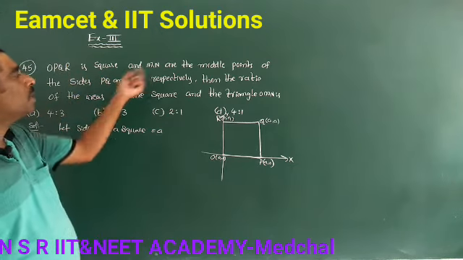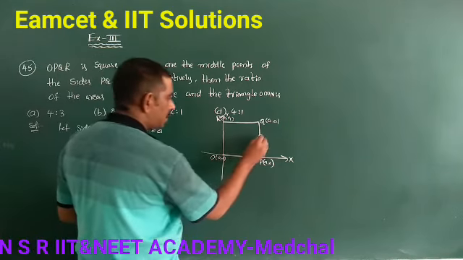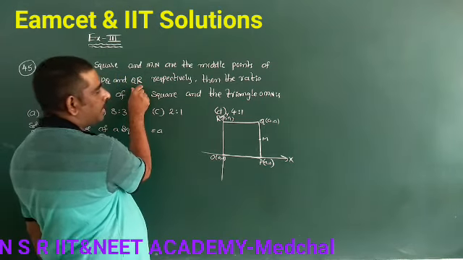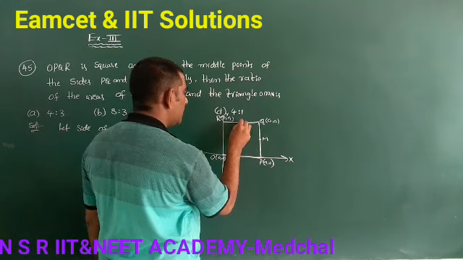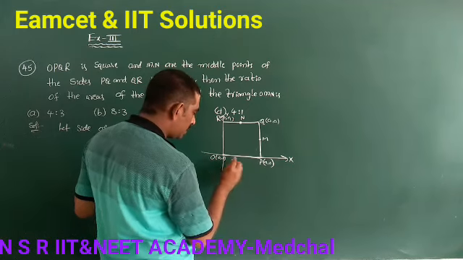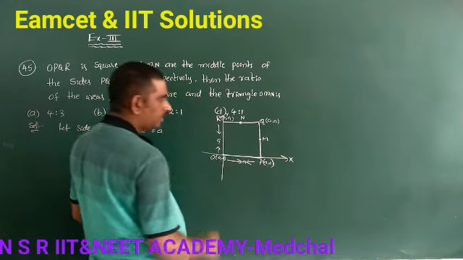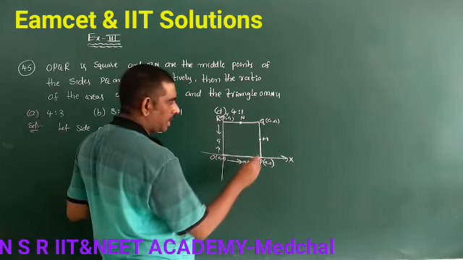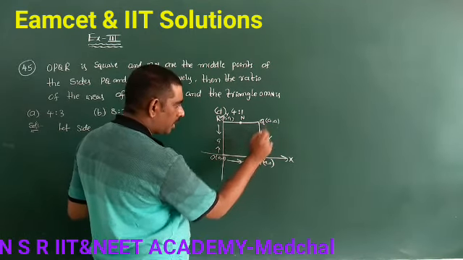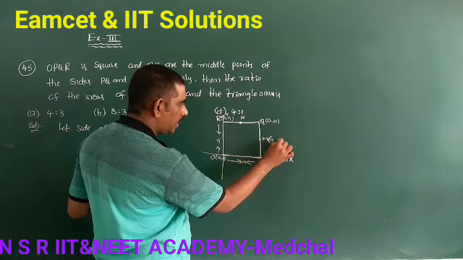Next, M and N are midpoints of PQ and QR. PQ midpoint is M. Next, QR midpoint is N. So first we find the midpoints M and N. This one (A, A) and this one (A, 0). The distance from the origin to P is A, and here also the distance is A. M is the midpoint of PQ, so using the midpoint formula: (A plus A) by 2, 2A by 2, we get A. (A plus 0) by 2 we get A by 2.